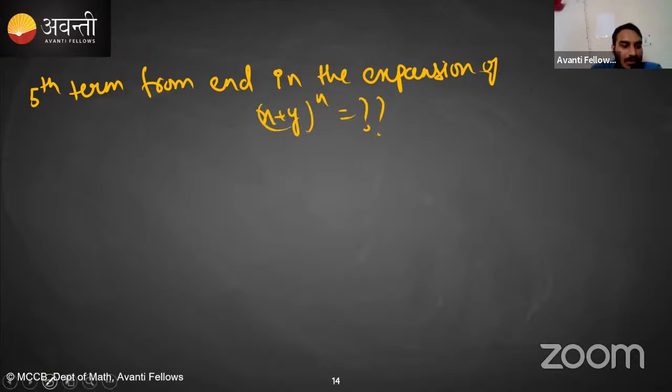It is a little difficult, right? Directly finding the fifth term from the end in the expansion of (x + y)^n is a little difficult. So what will you do?